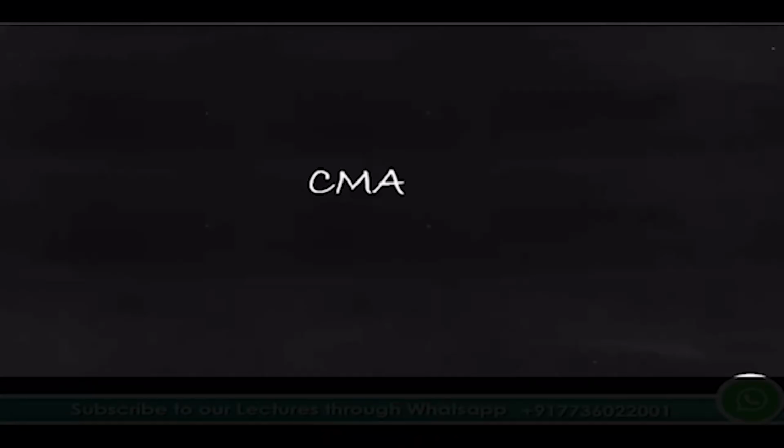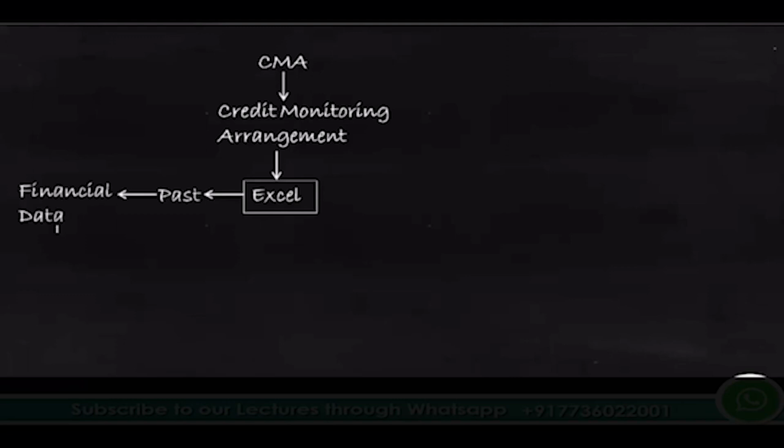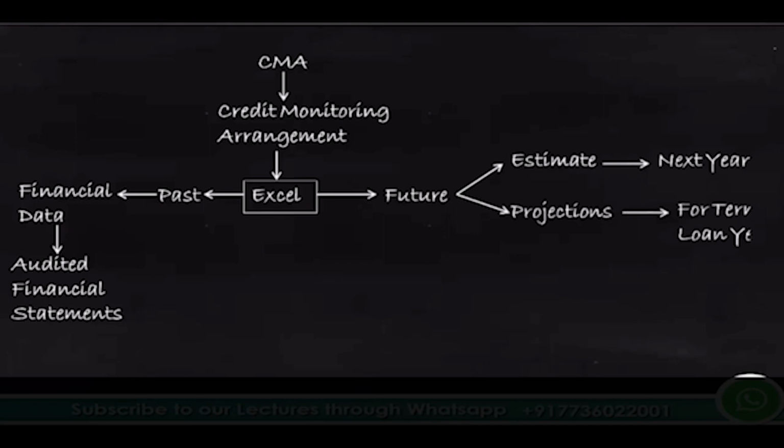Friends, in this session we'll be understanding what is CMA. In banking, CMA is called Credit Monitoring Arrangement. This is nothing but an Excel sheet which will give information about the past of the customer in financial data, which is basically lifted from audited financial statements, and it will also give a picture about the future, that is what they have as an estimate for the immediate future, say the next year, and what they have as long-term plans for their term loan tenors, which are called projections.